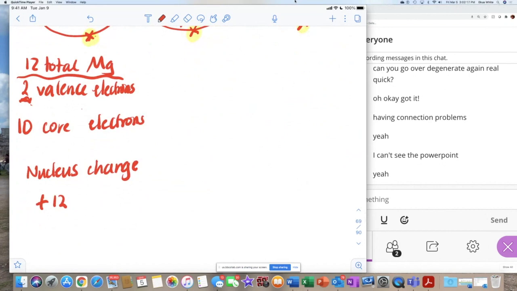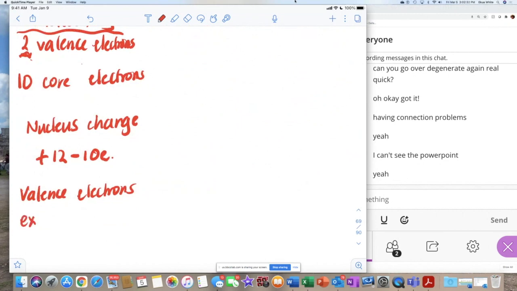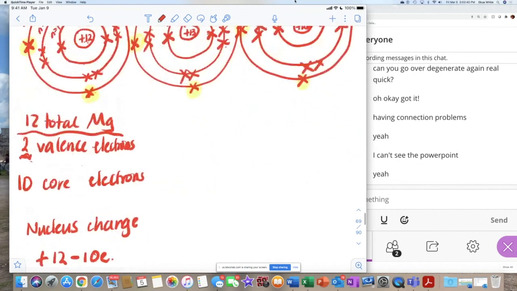And then when you bring in the core electrons, it neutralizes plus 12 by bringing in 10 electrons. Therefore, valence electrons experience plus 2. What's the term called?